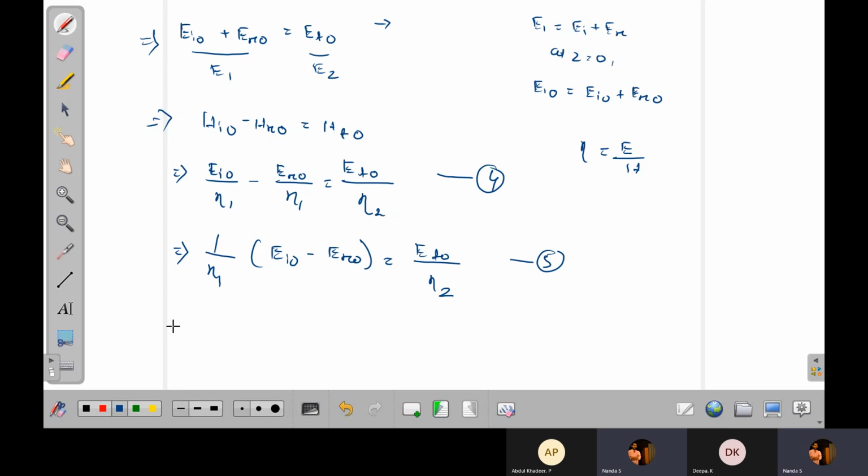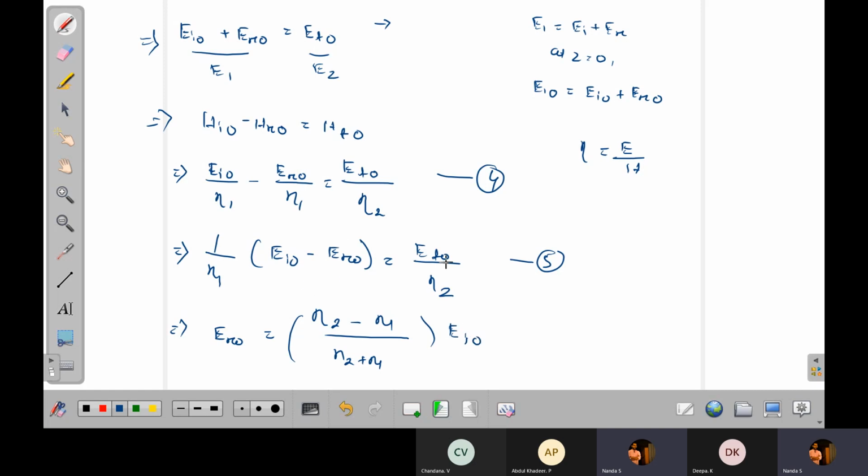So now from this equation what can we get? We can get ER0, the reflected, equals eta 2 minus eta 1 divided by eta 2 plus eta 1, into EI0. If you want to remove ET0, use these two equations, equation 4 and 5.